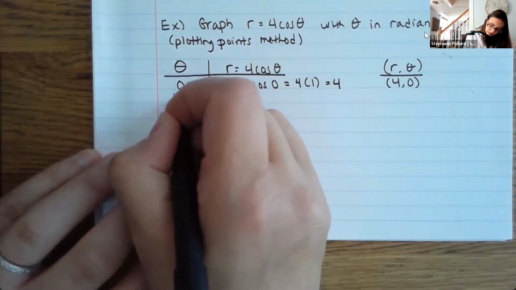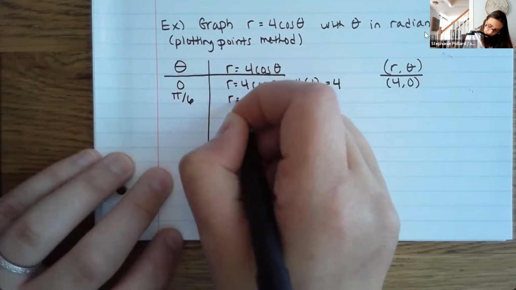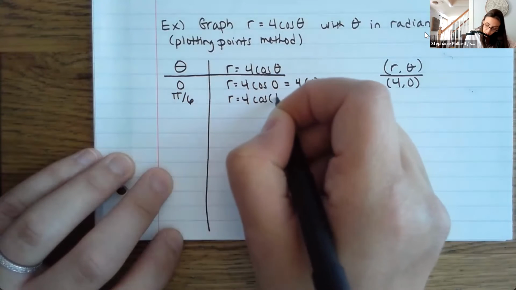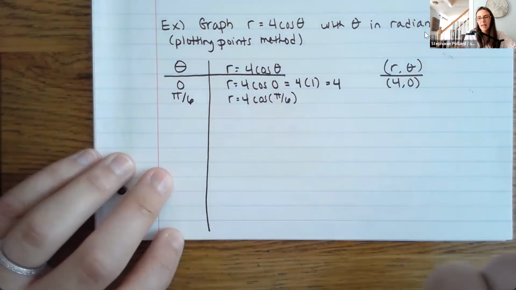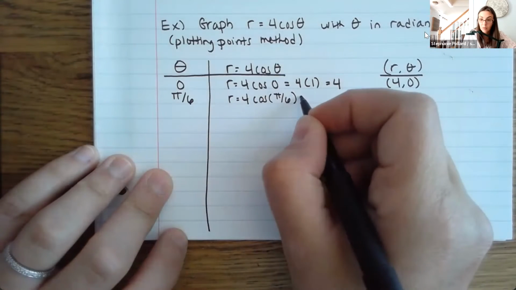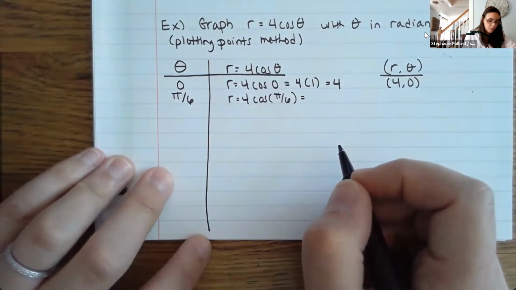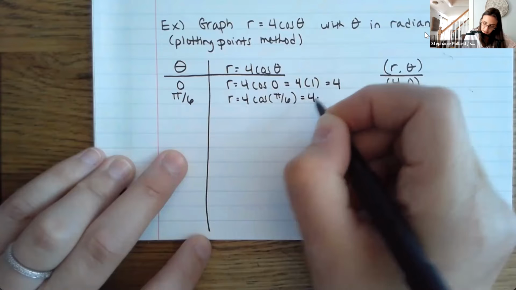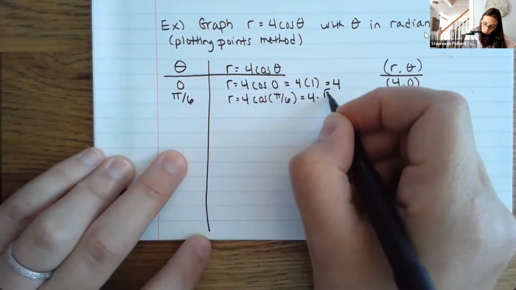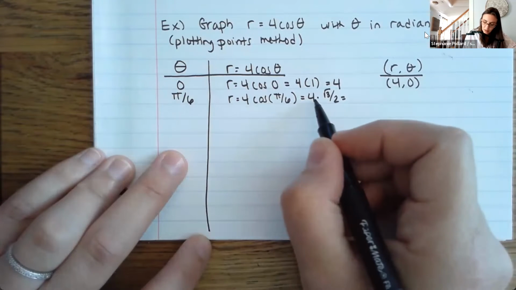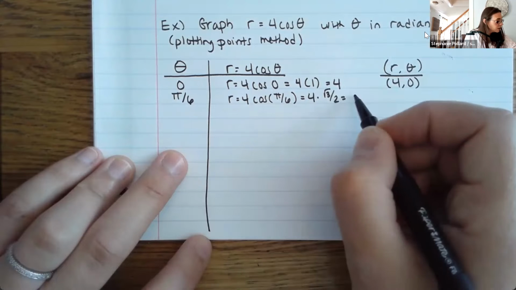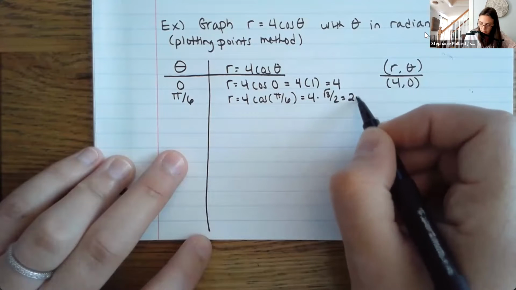All right, I'm going to do pi over 6 next. And again, when I plug in values here, I really want to use my common values. I don't want to have to be doing too much extra work. I want to keep it as easy as possible. So cosine of pi over 6 is root 3 over 2. So here I could do 4 over 2 is 2. This becomes 2 times root 3.